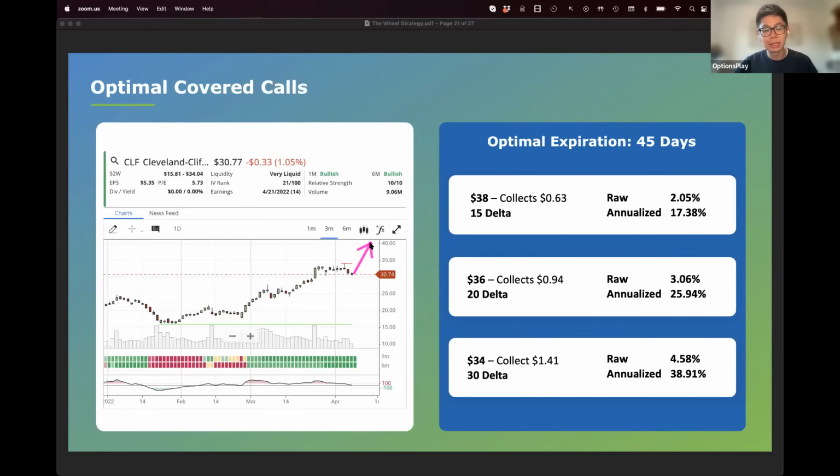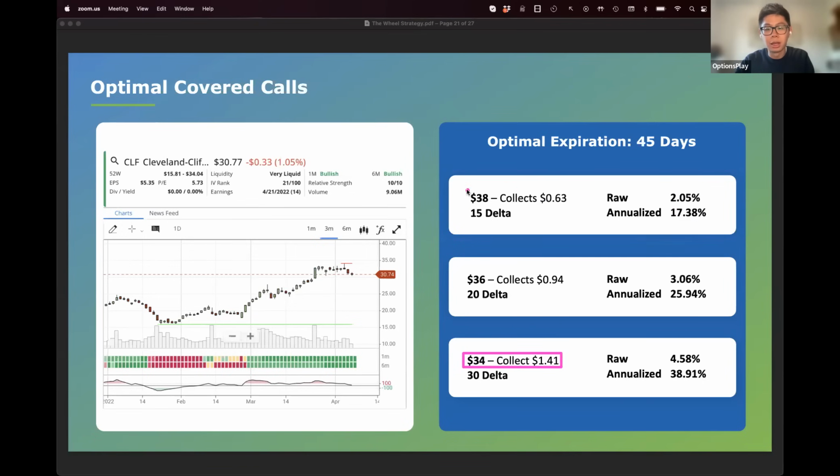So when we test out all the different possible expiration and strike price combinations, it's very clear to us that the strike price that is further away, which generates less premium and less return, is the one that gives you the best outcome in the long run. Because as you can see here, the 34s collect $1.41.